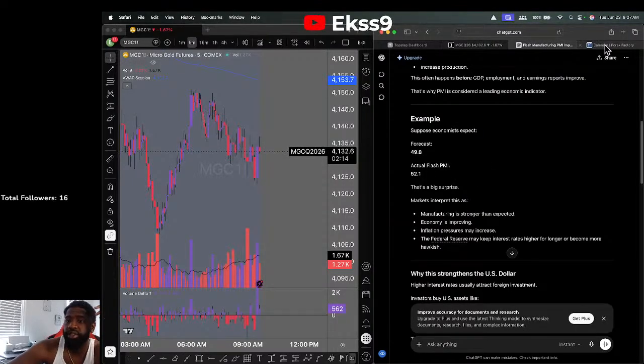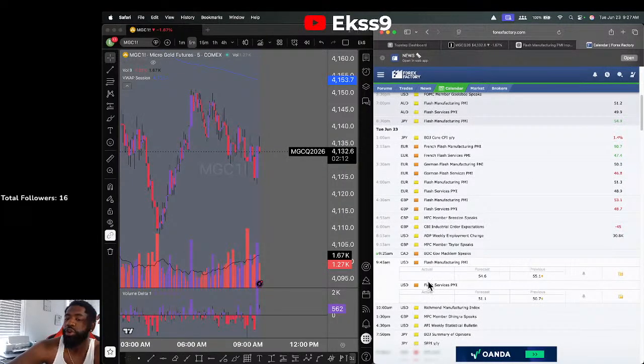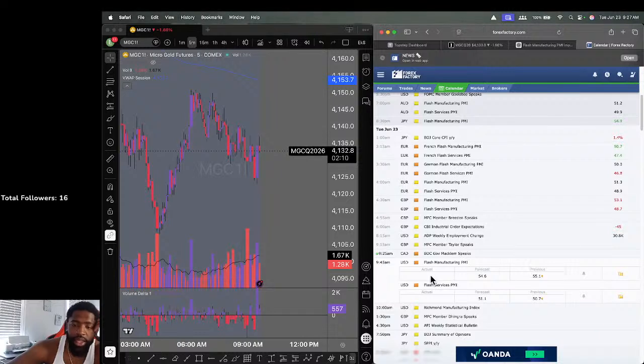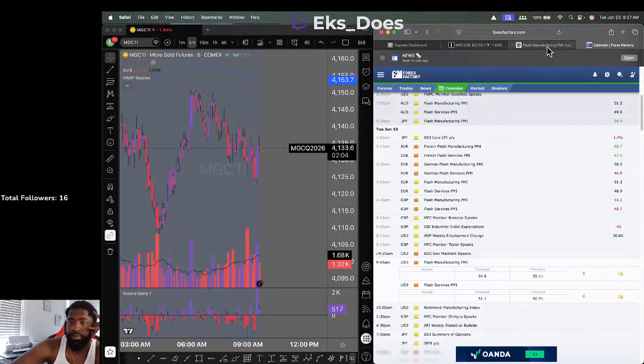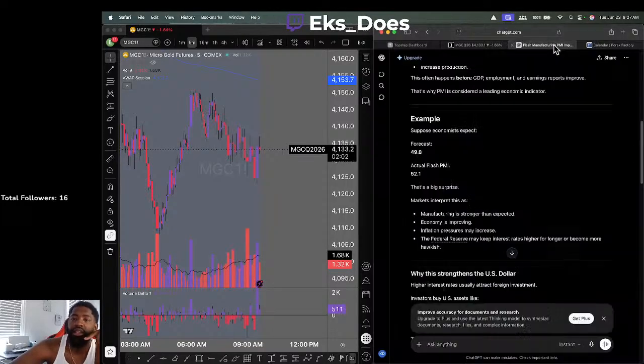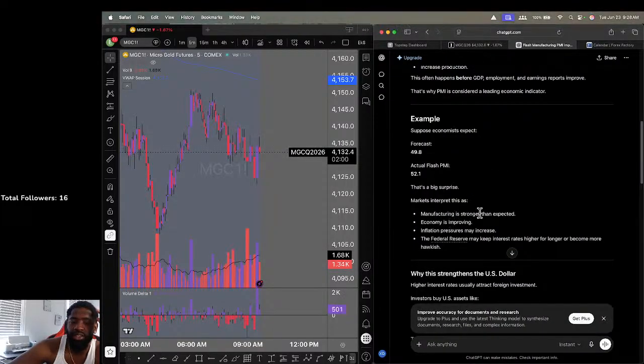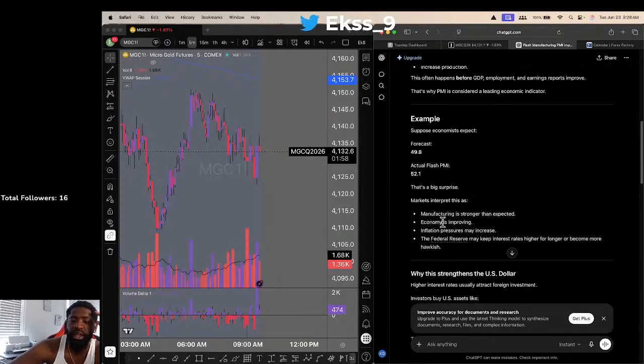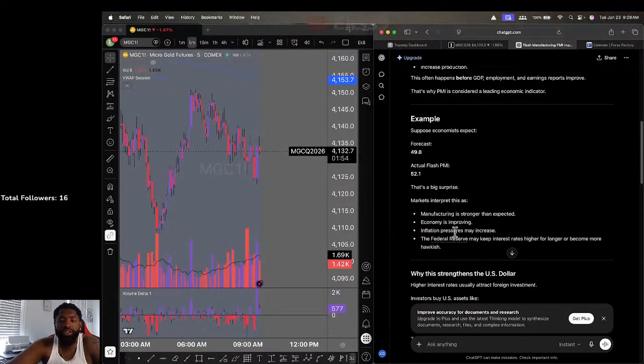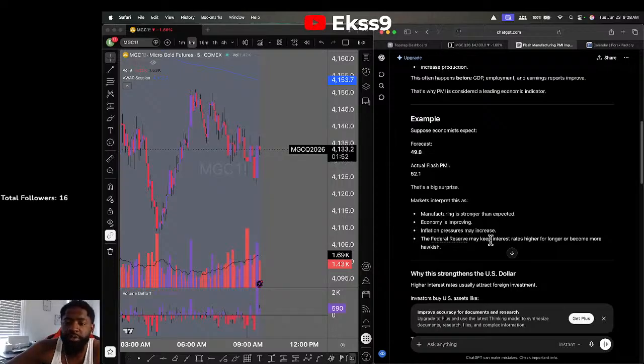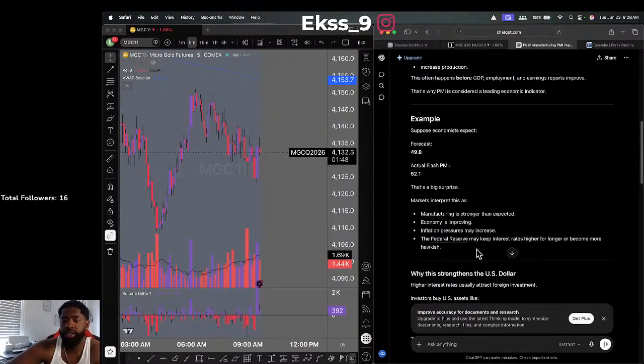So how to interpret this news, right? If the actual number is higher than the forecast, then that means business is stronger than expected, the economy is improving, inflation pressures will increase, and the Federal Reserve may keep interest rates higher for longer or become more hawkish.